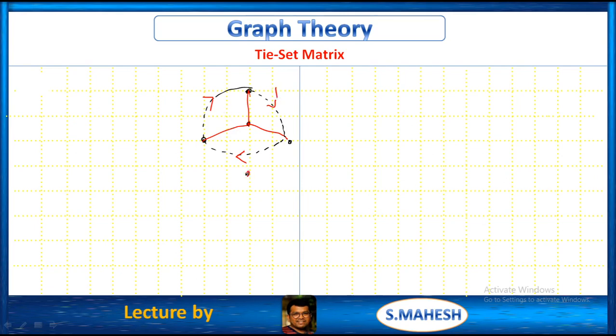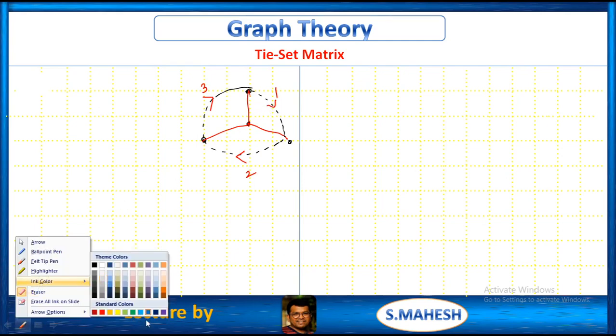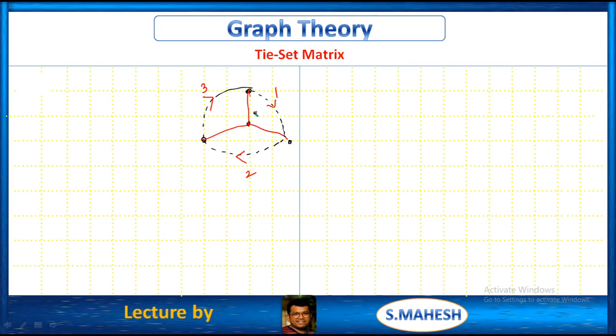This is 1, 2, 3, and the given direction is like this, like this, like this. This is I1, I2, I3. That's it. 1, 2, 3, 4.